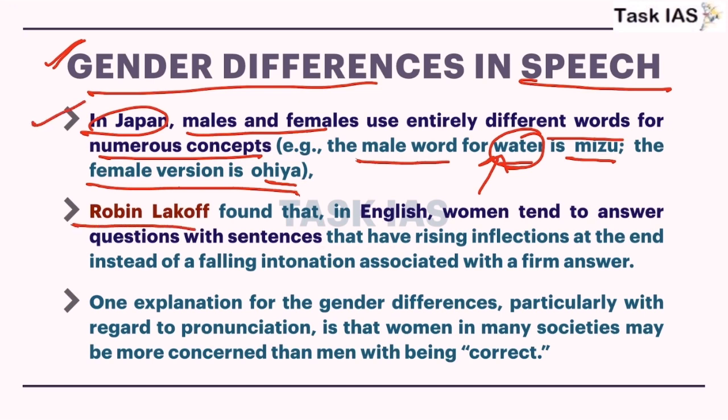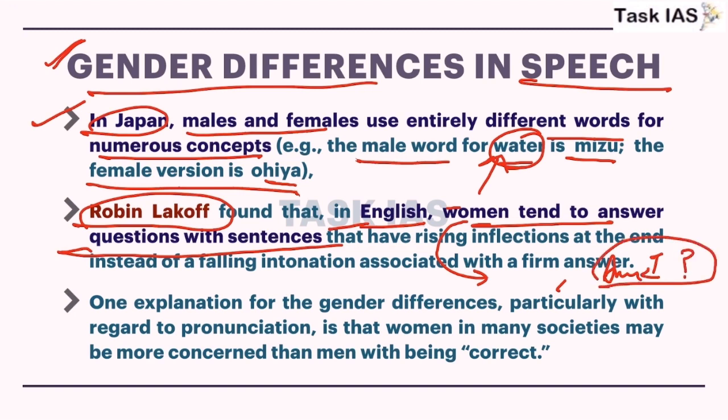Now, Robin Lakoff, in her study, found that in English, women tend to answer questions with sentences that end in a rising tone and also raise another question. For example, consider a woman saying, I am looking very beautiful today, and then she will say, am I?